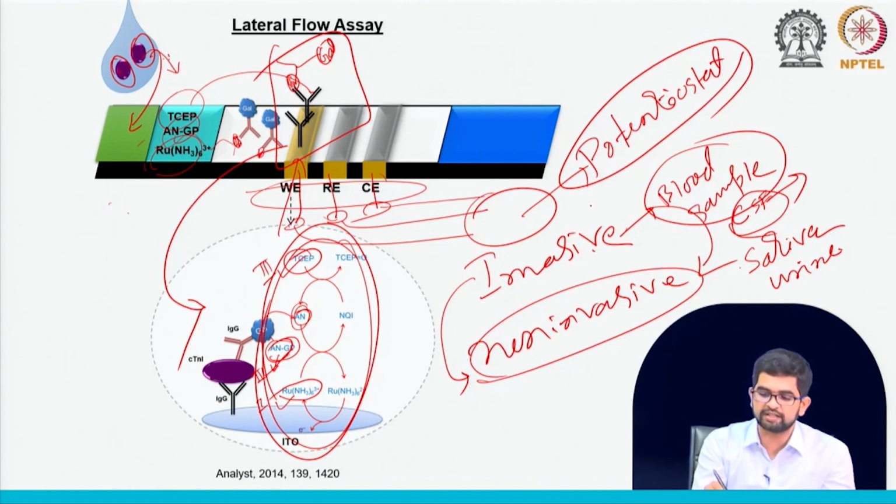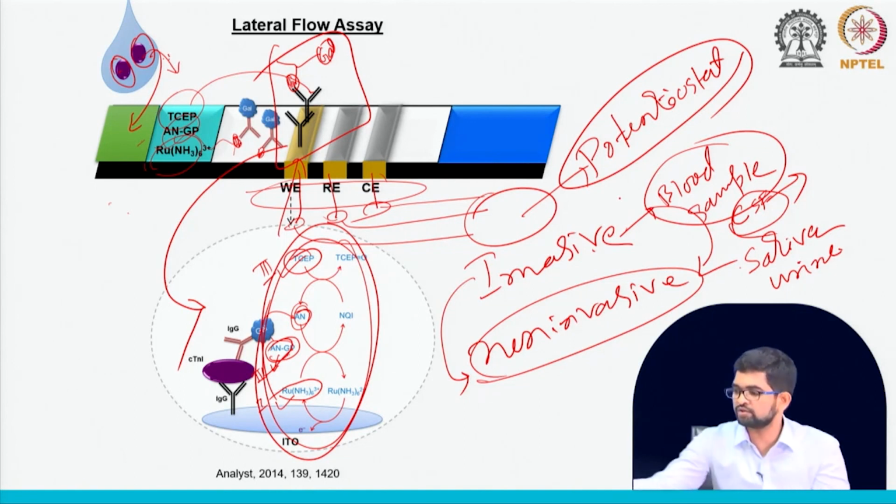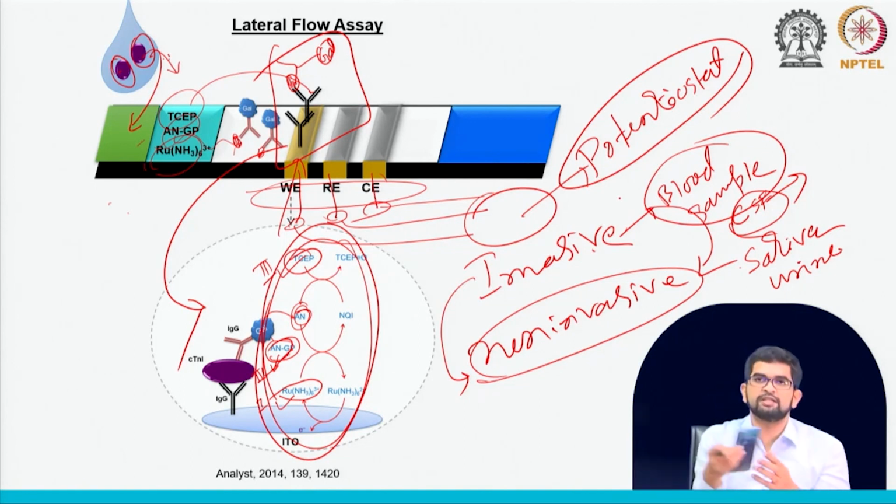So how much current you are getting, you can see as a digital value. You can just use your mobile phone, run the app, and then you can see on your mobile screen how much current is generated, and corresponding to that current it will show a digital value. So this is the IoT enabled biosensor that we are talking about.